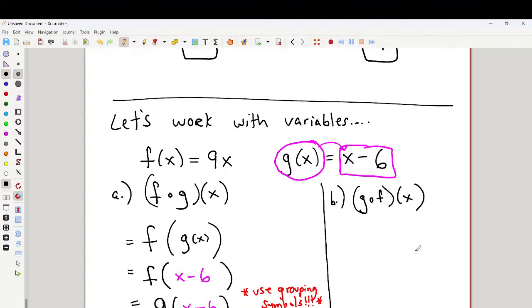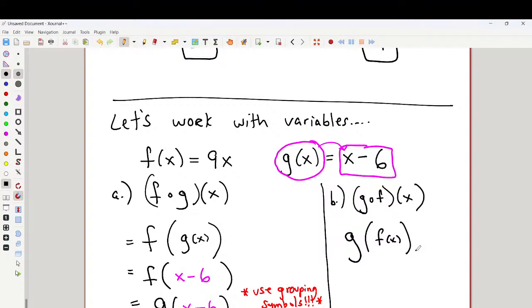Goff of x. Again, I get it. Some of us are going to have no issue, and some of us will get a little antsy here. First things first, set it up. G on the outside, F on the inside. And if we were given a number, we would make a number.